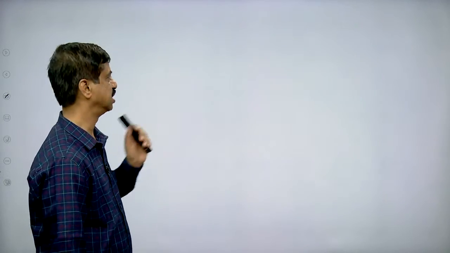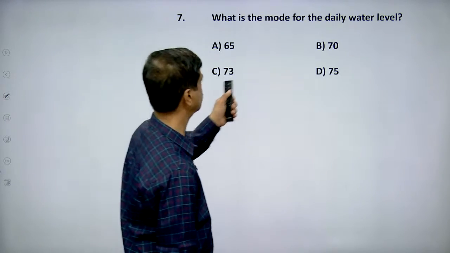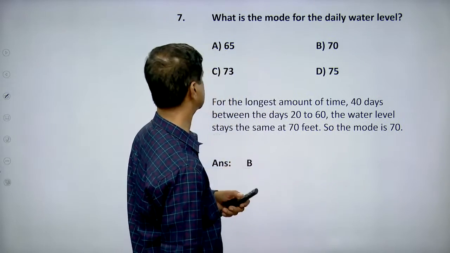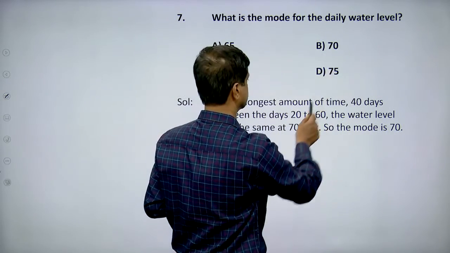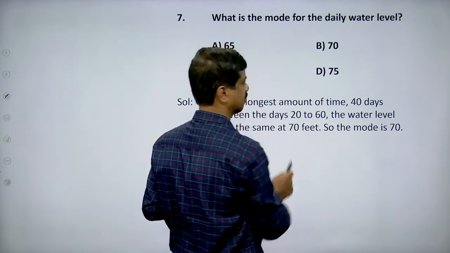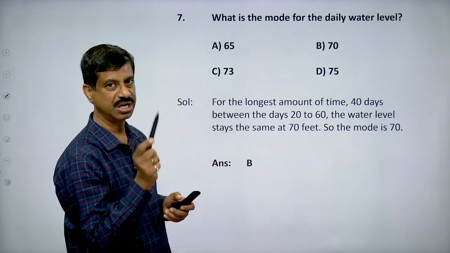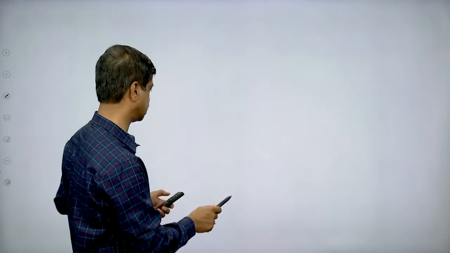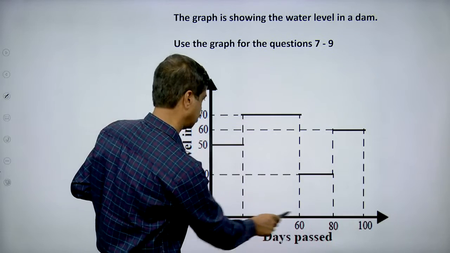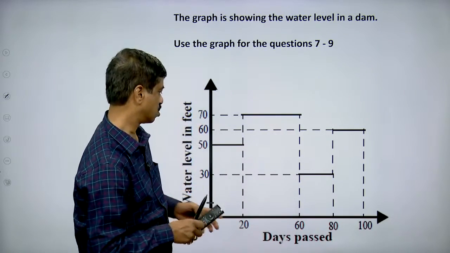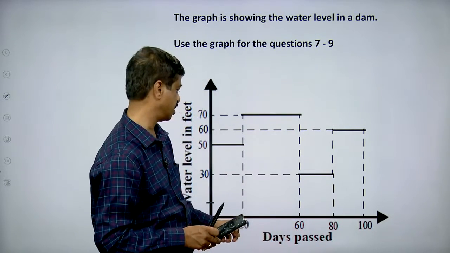Mode is the most repeated, median is the middlemost term, average is the sum of all terms divided by n. Right, children? This is what you need to look at. So the most repeated is 70, because from 20 to 60 it happens for more days. Out of 100 days, 40 days are going here.